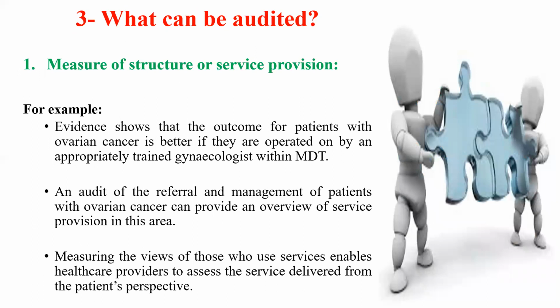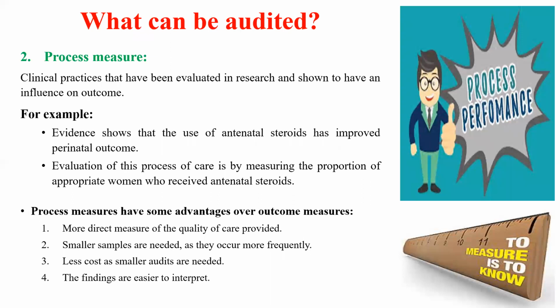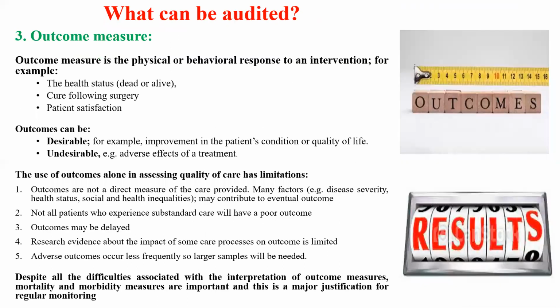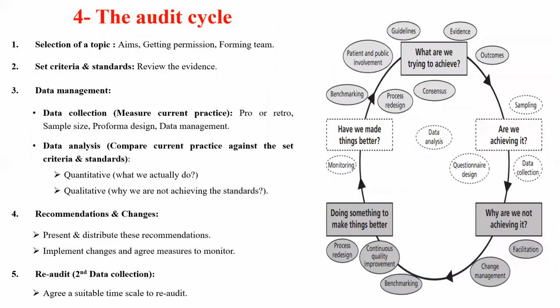What can be audited? Either the structure of the service, the process of the service itself, or the outcome of the service. So now we have answered three questions. The first, what was the definition of an audit? The second, what is the difference between audit and research? The third, what can be audited?